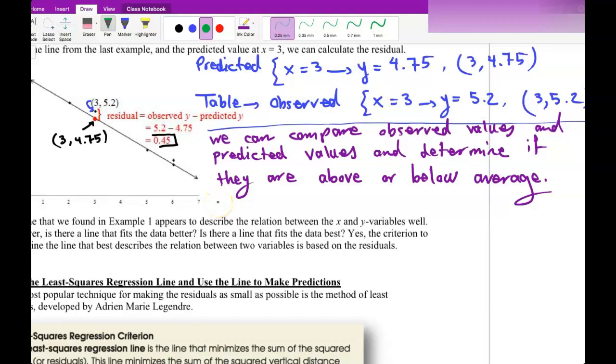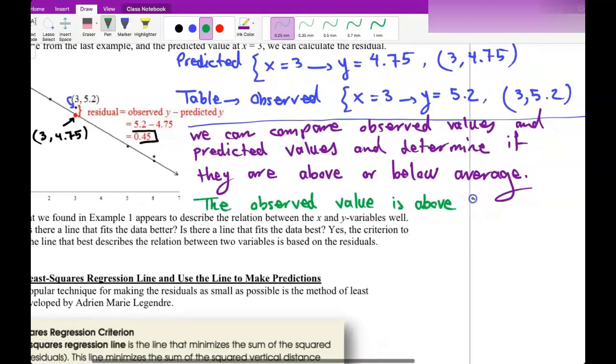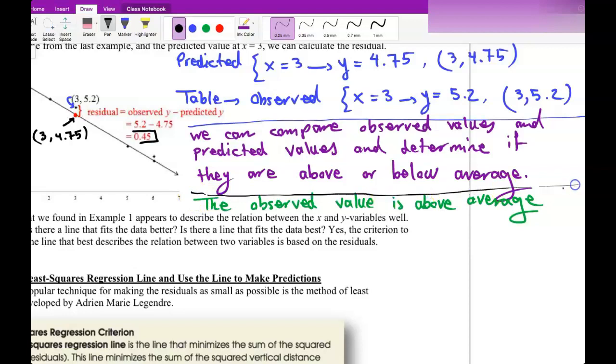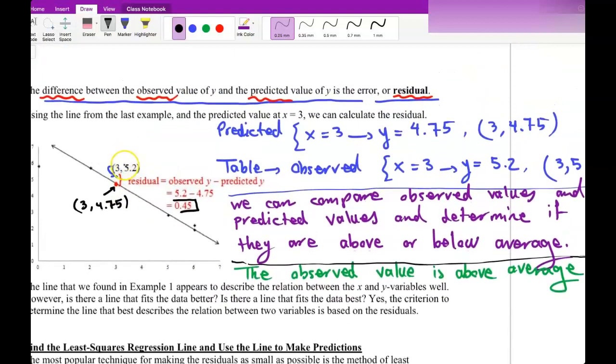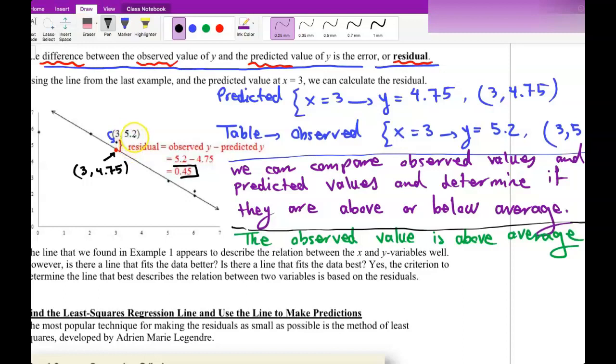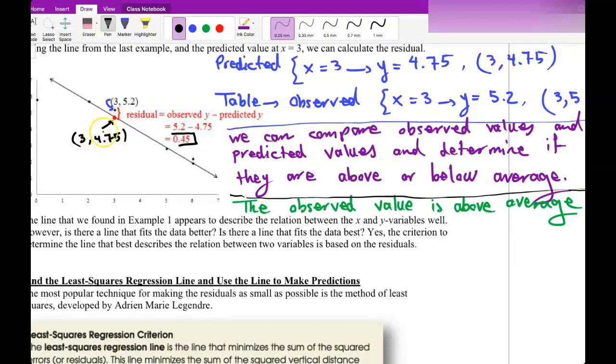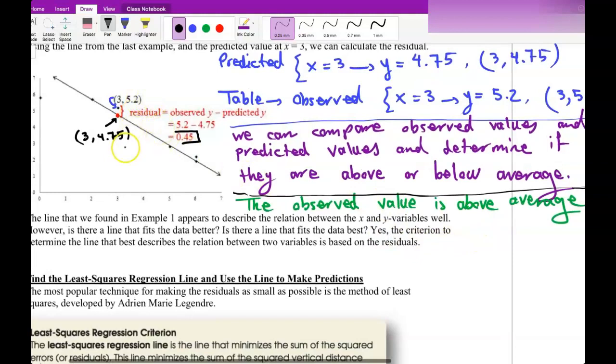So in this case, the observed value is above average, because here observed y is 5.2, and that is larger than what we have here for predicted, 4.75. So the observed value is above our average.